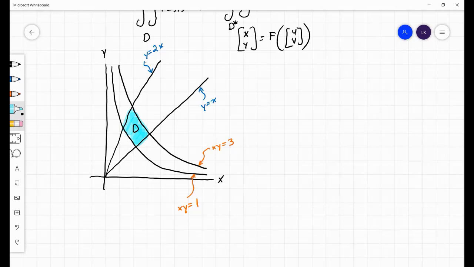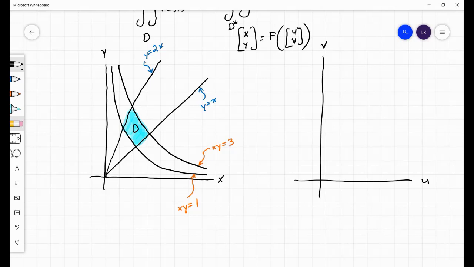Now, this integral would not be easy to set up in the xy plane, right? The domain of integration is too goofy. It's possible. So can we think of a new coordinate system where the region of integration is simple?